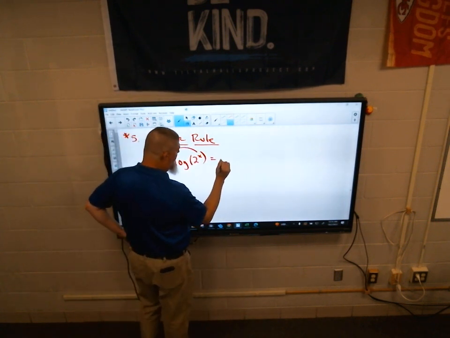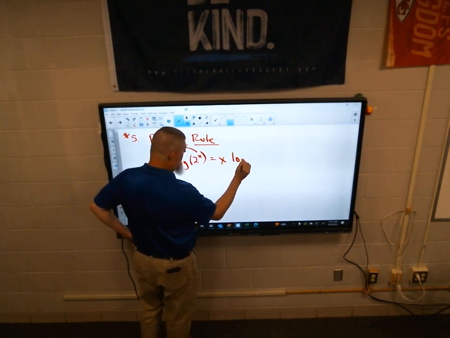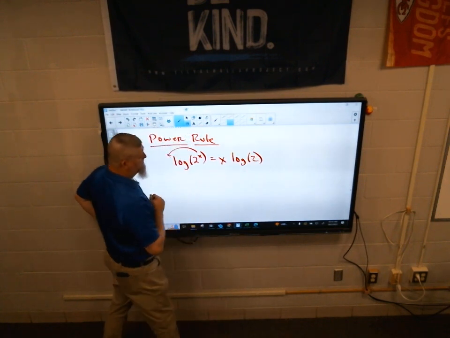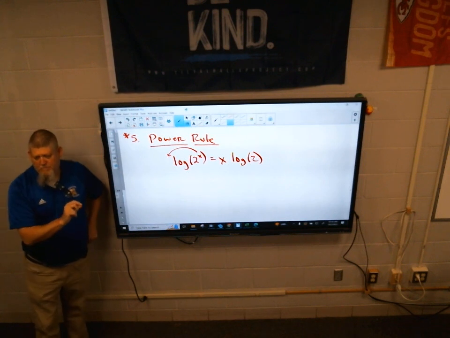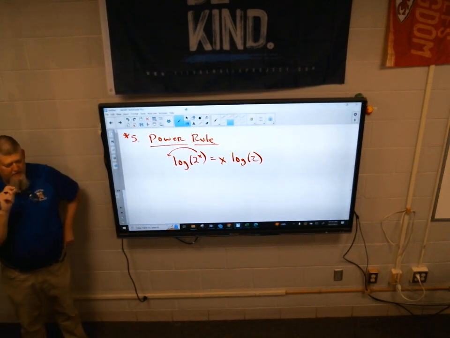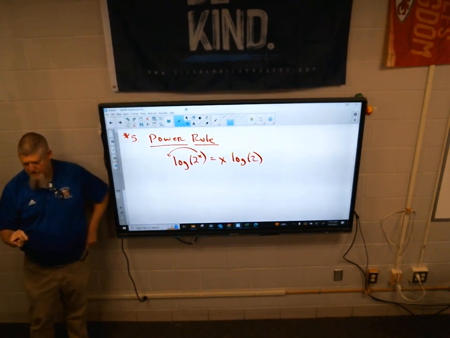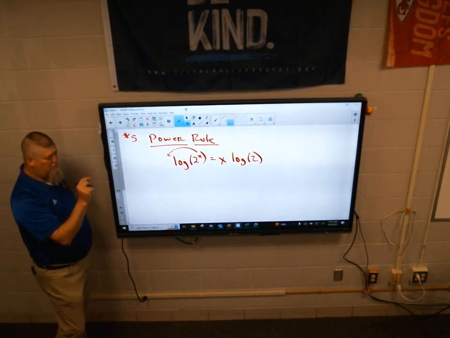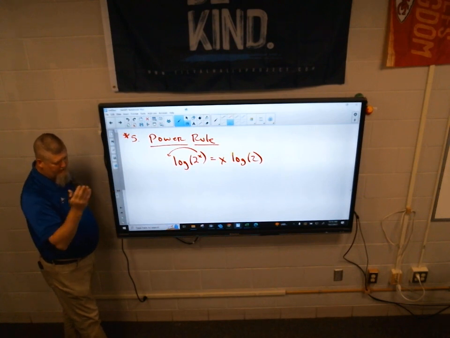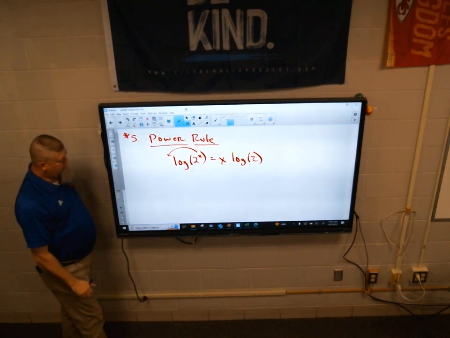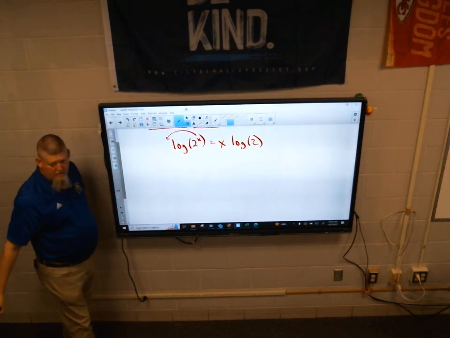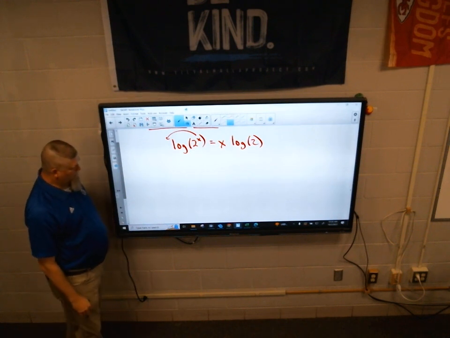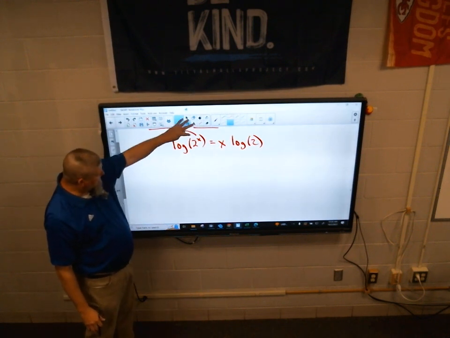So I can write it as x times the log of 2. And I've removed the independent variable out of the exponent, and now I can solve whatever I had to solve. And don't make it any more difficult, you're simply taking the exponent and putting it out front.